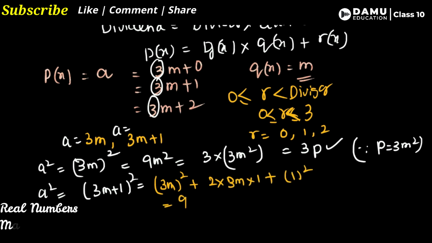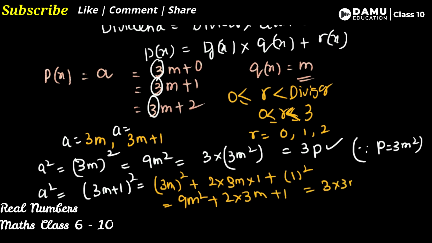That is 9m square plus 2 into 3m plus 1. You can take 3 common: 3 into 3m square plus 2m, plus 1.